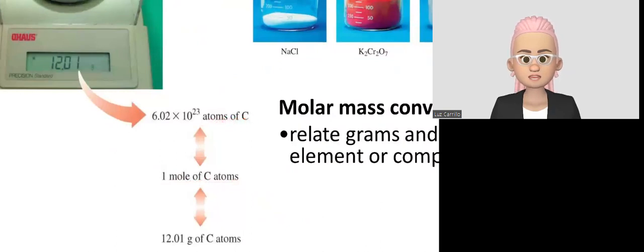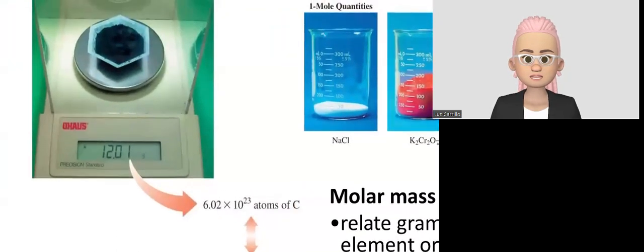Now, it's important to note that moles also has an equality to units of grams. We can observe that, for example, in the case of carbon, in this top loading balance, this is measuring specifically 1 mole of carbon. And 1 mole of carbon is exactly 12.01 grams.